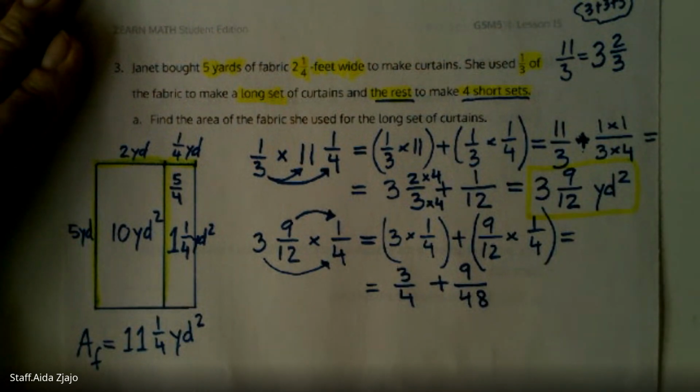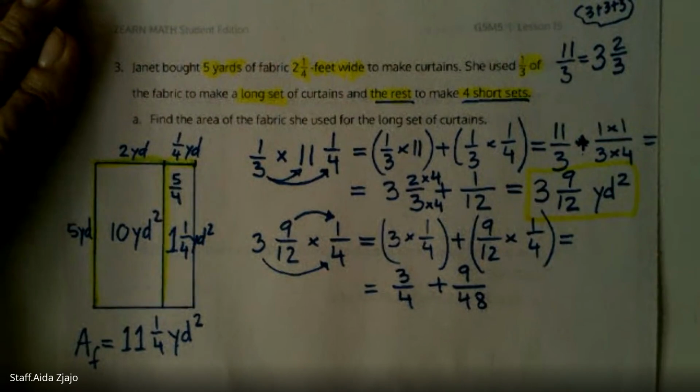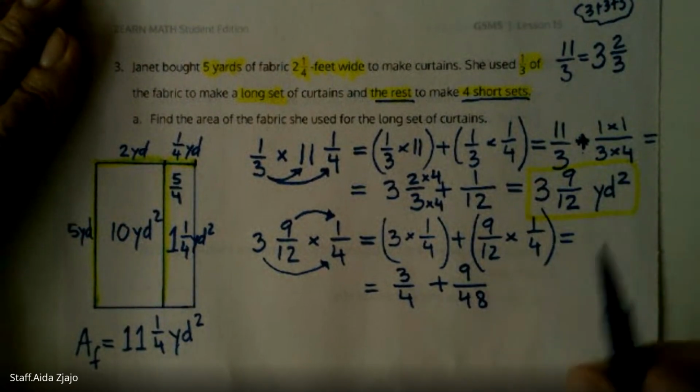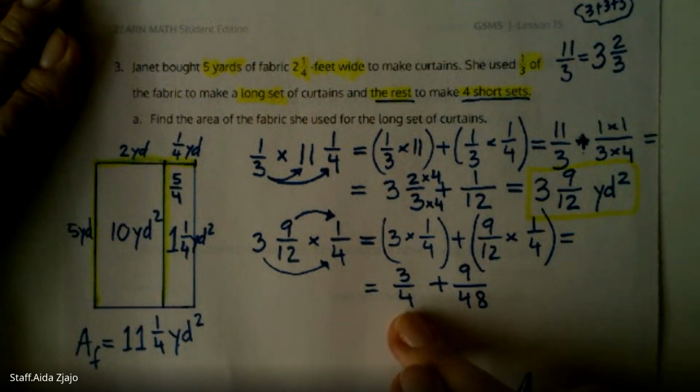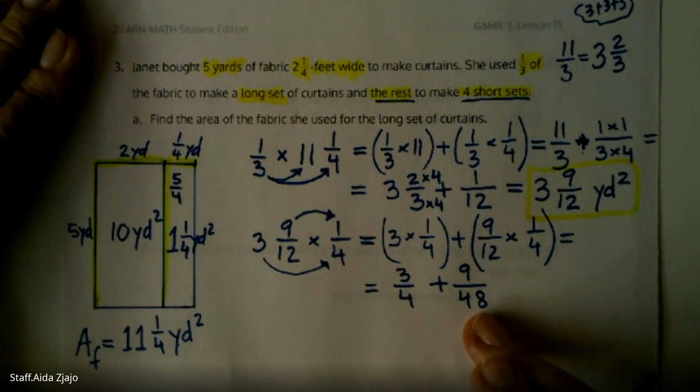So now, when we multiply, we need to add now. This is fourths, this is 48.